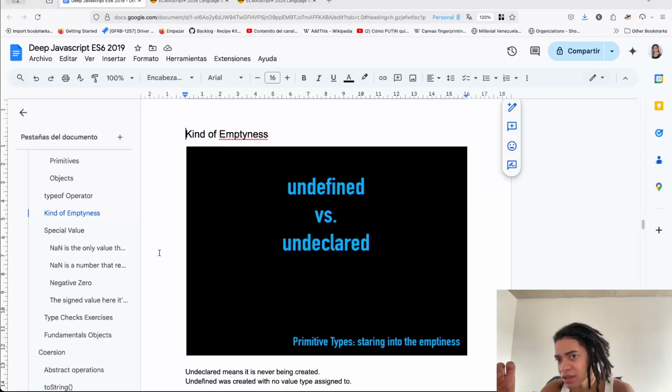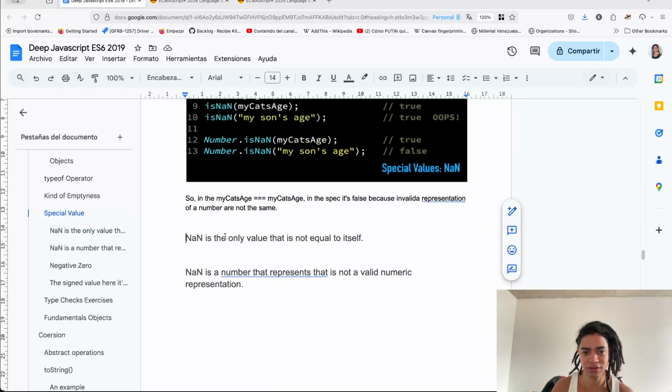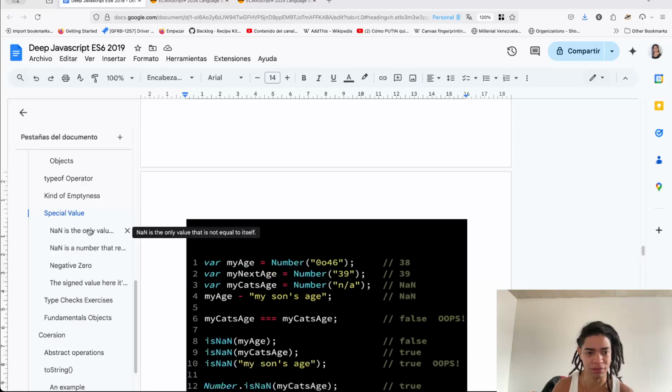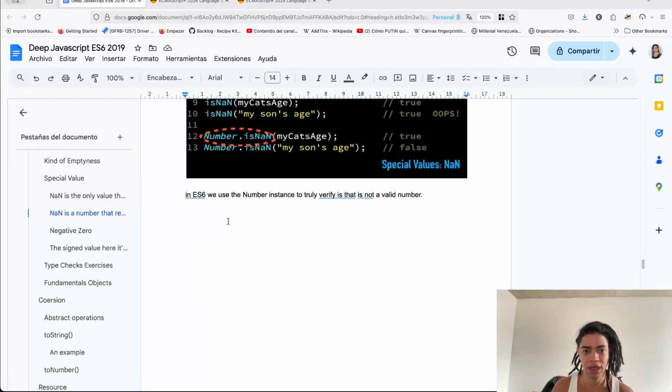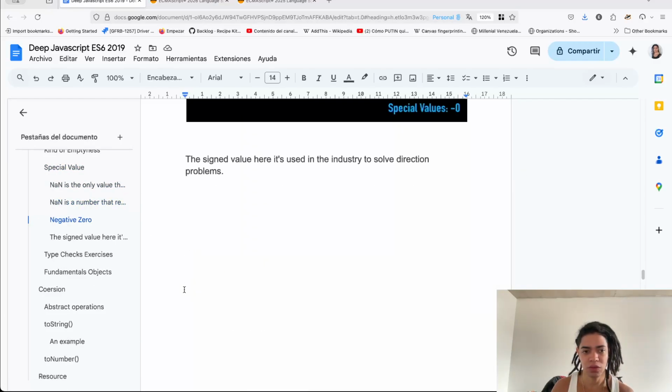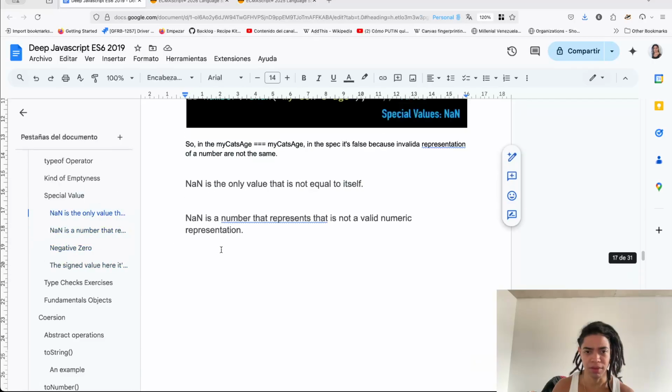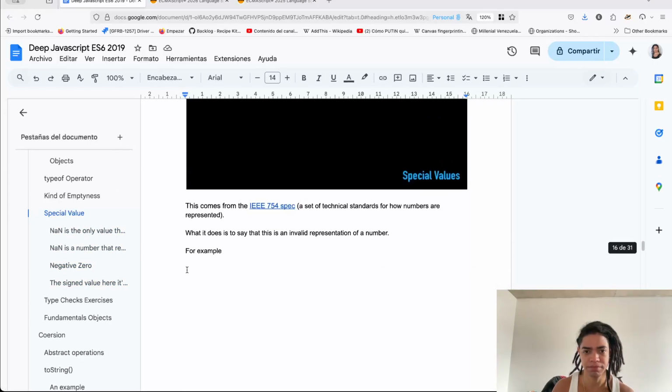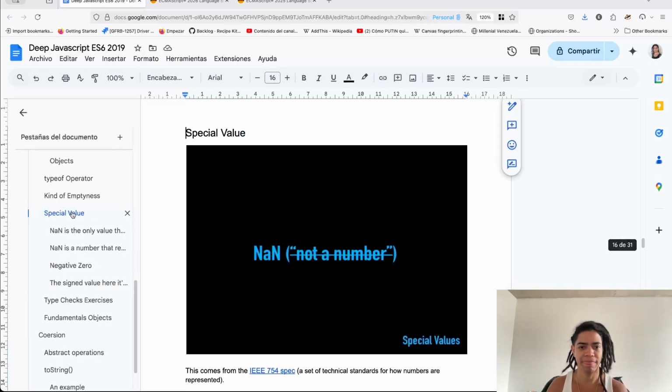The TLDR is that NaN is a type of value that says, hey, this is not a valid representation of a number. And this is something that comes from, let me actually pull this up. There you got it: special values.